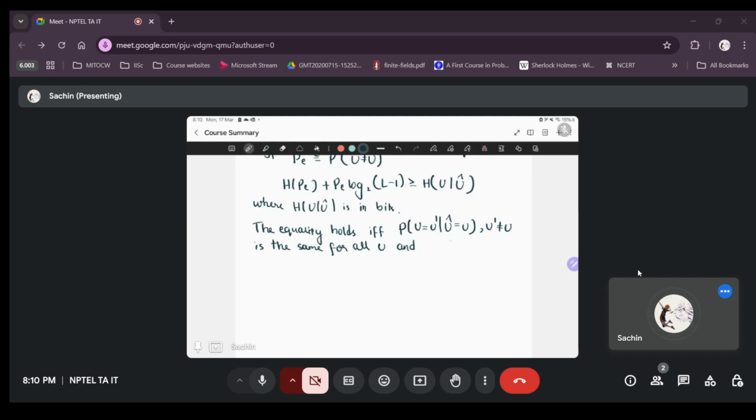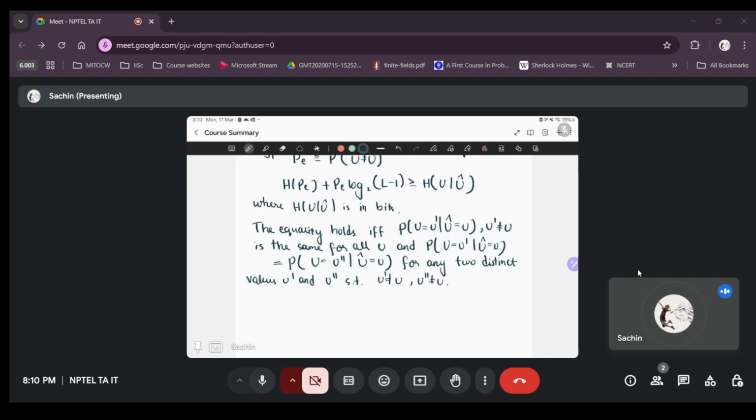And P of U equals U dash given U hat equals U is equal to P of U equals U double dash given U hat equals U, for any two distinct values U dash and U double dash such that U is not equal to U dash and U is not equal to U double dash.